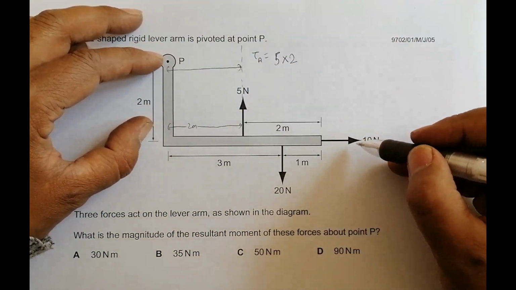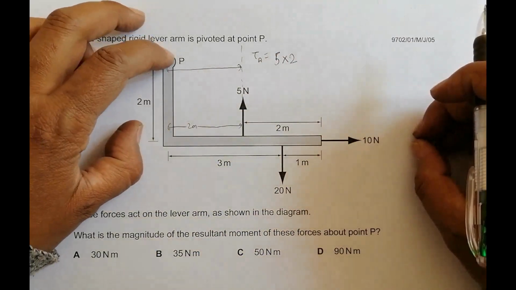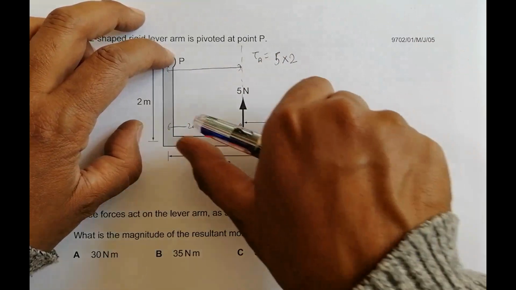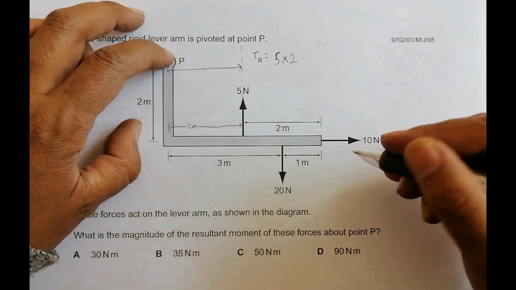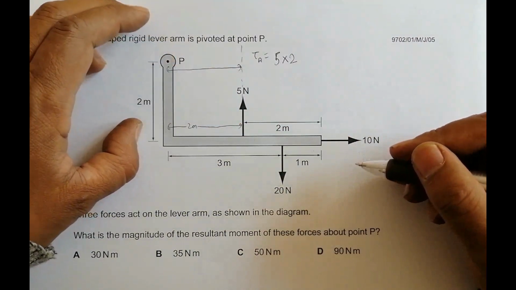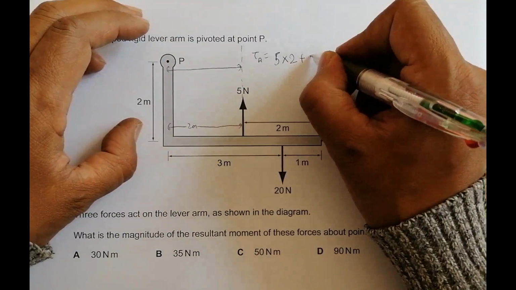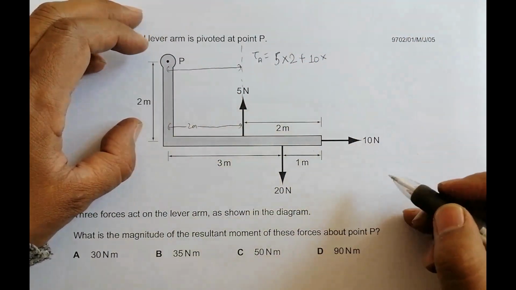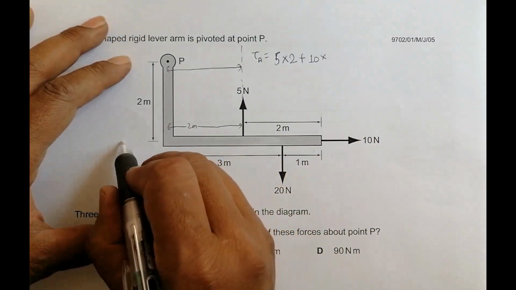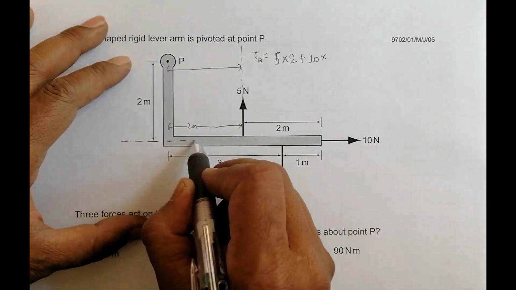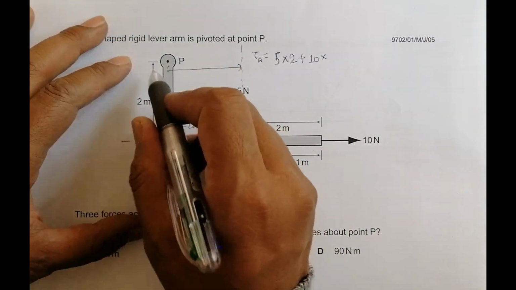Then I have got this 10 Newton. If I put force like this, and this is the fixed point, then this thing will try to rotate like this. So this also causes anti-clockwise moment or torque. So that's why I must add it here. Plus it is 10 Newton into, so this is the line of action of this 10 Newton force, and the distance of this line from this pivot is 2 meters.